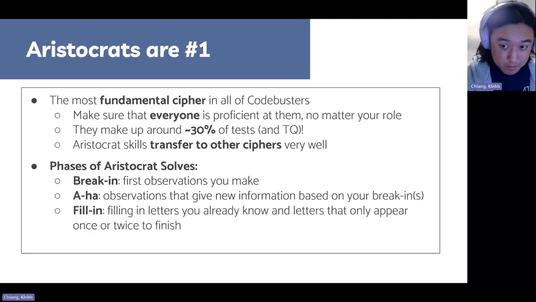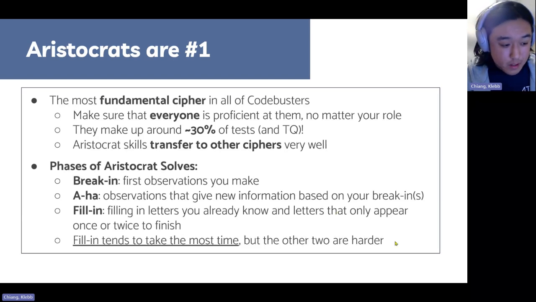Finally is the fill-in process. This is once you've gotten a skeleton of what your plain text is going to look like. The fill-in process is actually writing in all the letters you already know and the letters that you can. So it's writing in the letters that you do know, and the letters that don't appear often enough to have mattered in the rest of your solve so far.